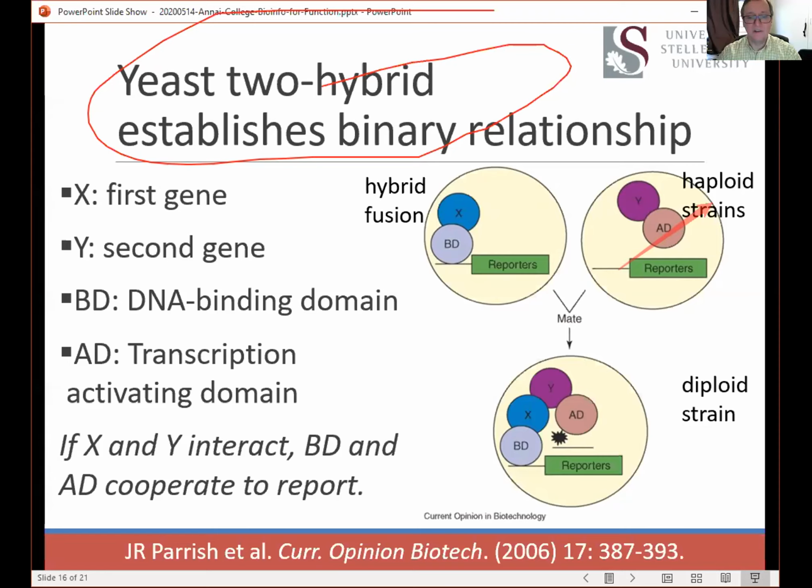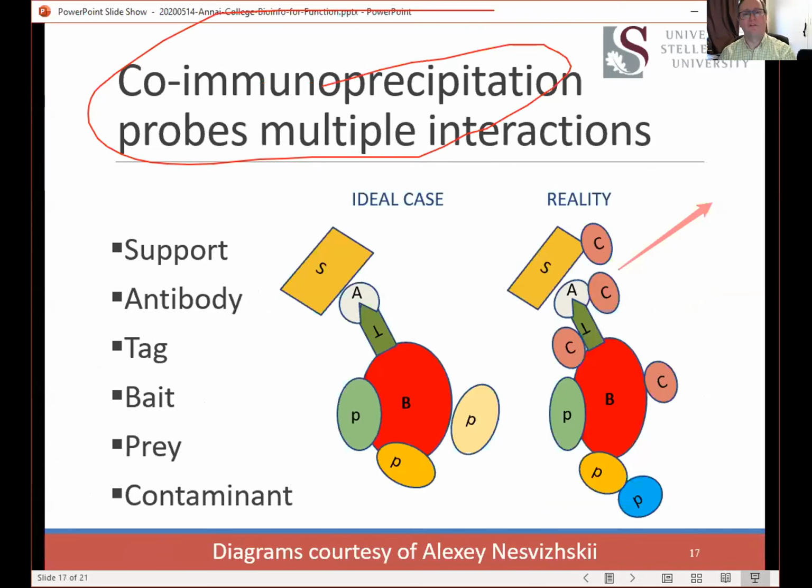If that happens, then you get a reporter. And that is one way that we can establish that gene X and gene Y interact. Okay, so that's very commonly used. It's got some problems, though, with forming a lot of false positives.